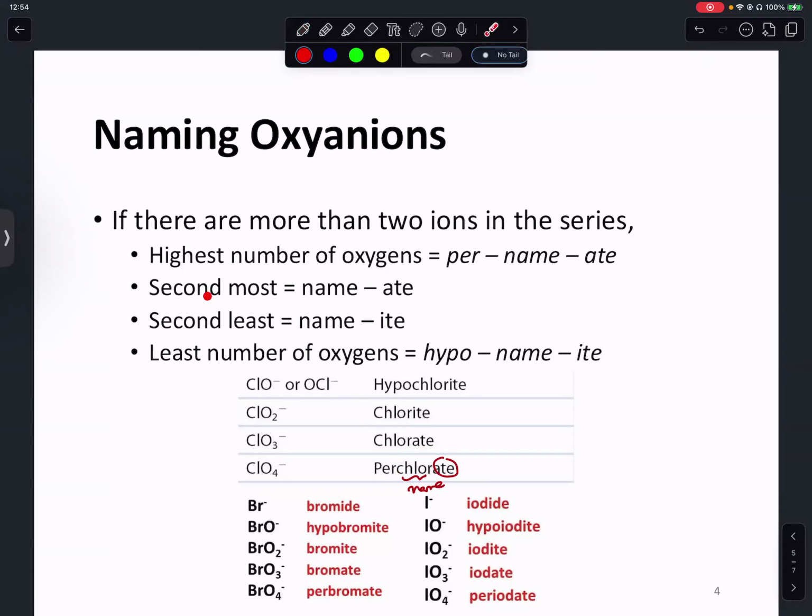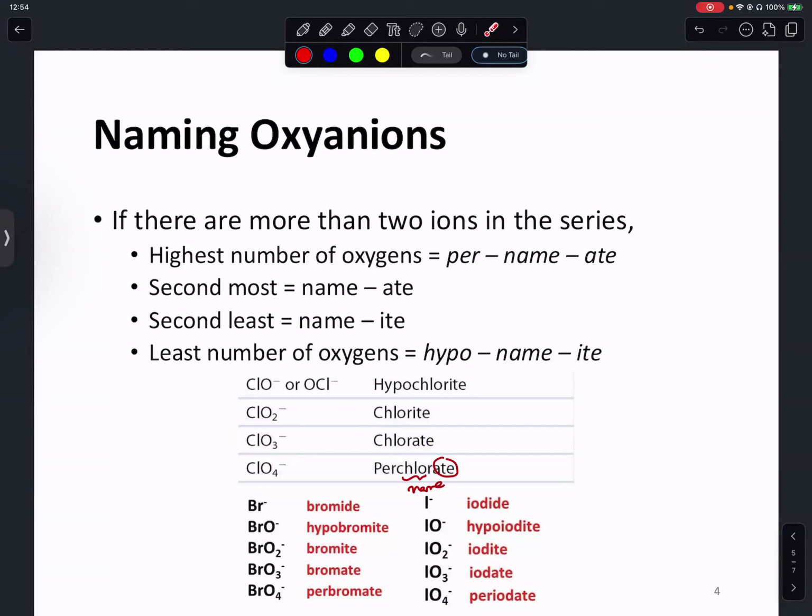For the second most oxygens, we will disregard the per, so we'll just have the name and then the suffix ate. So here, we have chlor and then ate, for ClO3 minus.